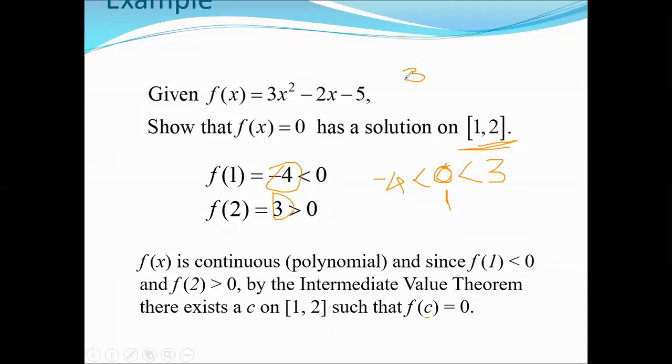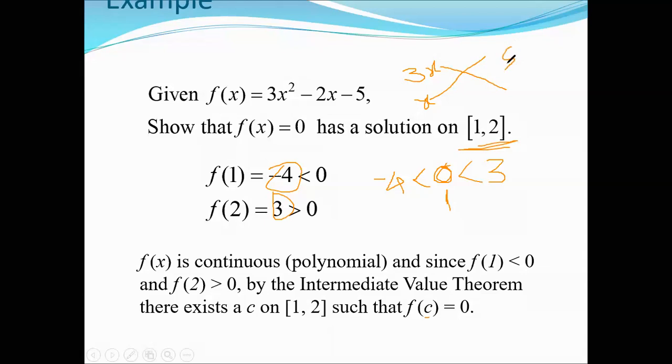Three x and x. That is, 3x square can be written as 3x and x. And again, minus 5 can be written as 5 and 1.